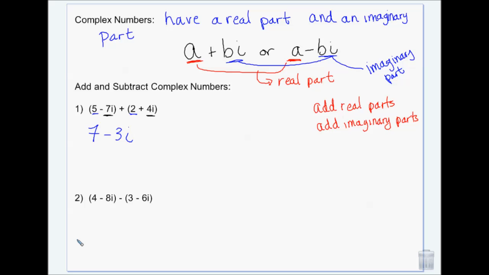If we're subtracting, first we're going to distribute the negative. Then we'll add the real parts. And then we'll add the imaginary parts.